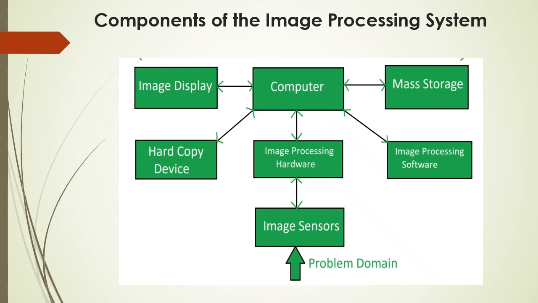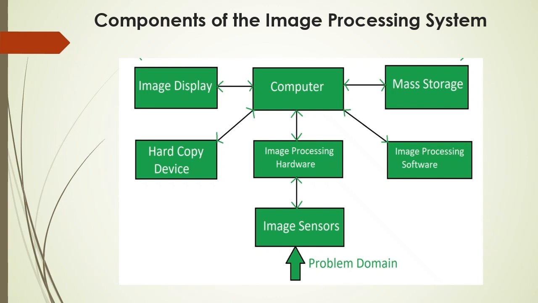The next one, image processing hardware. We need some hardware to process the instructions obtained from the image sensors. Then the result is passed on to the general purpose computer.